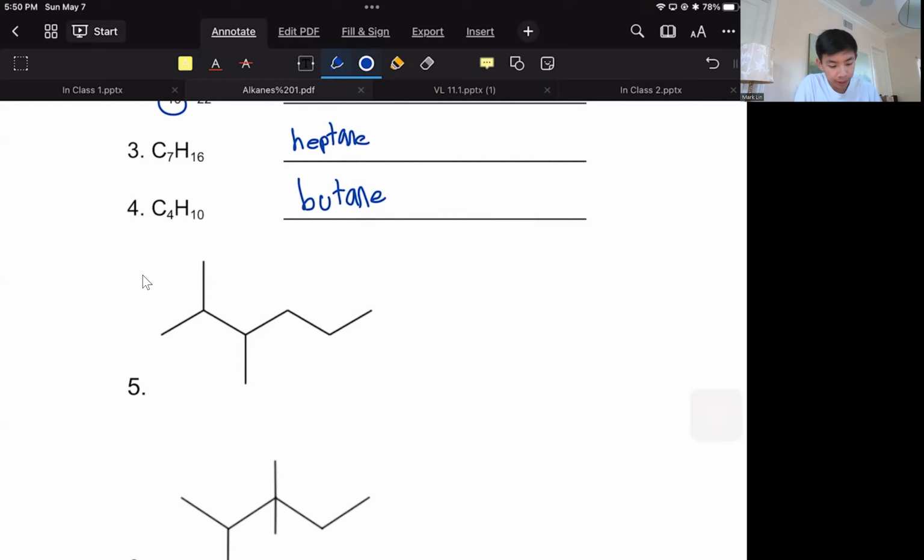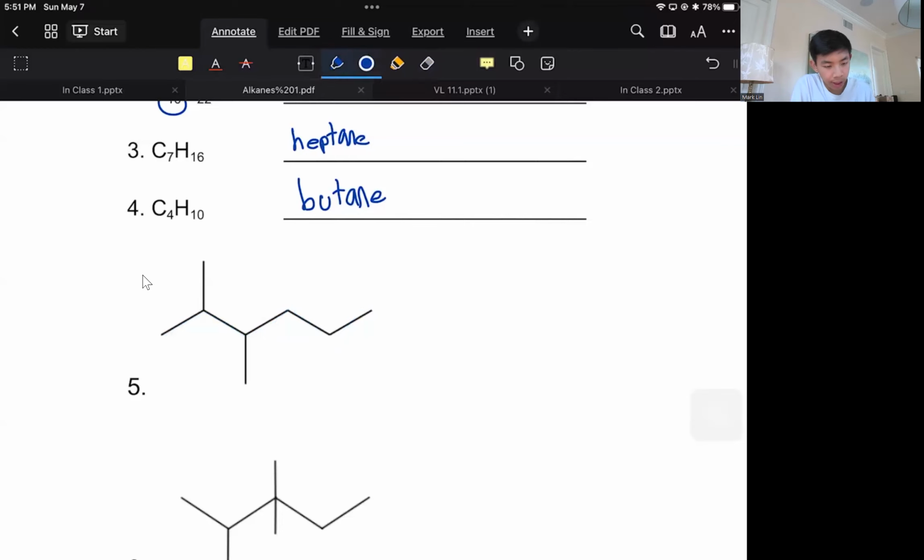Is it going to be this side? This one, one, two, three, four, five. That's five. Second one, let's try this one. One, two, three, four, five, six. That's six, so that's a bigger one. Let's do this one: one, two, three, four, five, six. That's also six. That also works too.